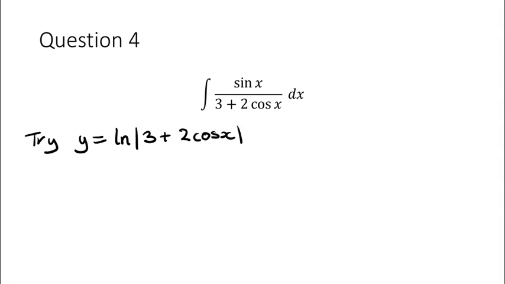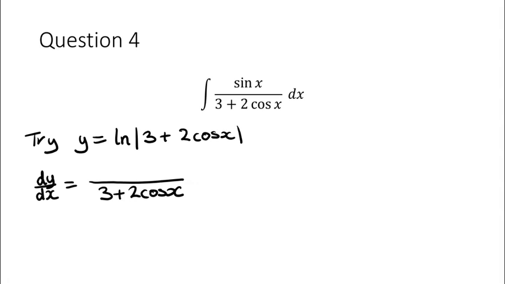If in doubt, you can check this via the chain rule, but the quick way of differentiating natural log of a function is that the function within the modulus goes on your denominator, and on the numerator goes the derivative of the denominator.